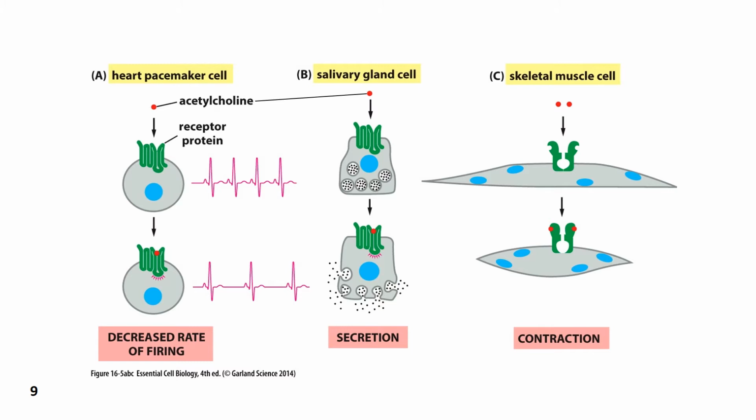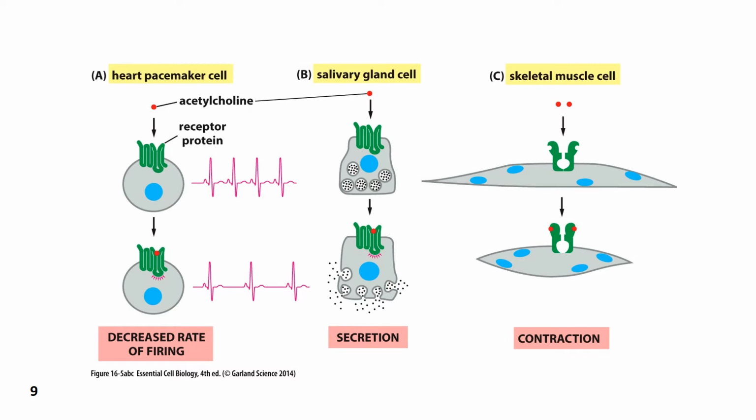Here we have 3 different cell types shown. A cardiac pacemaker cell that will depolarize at a decreased rate in response to acetylcholine, a salivary gland cell that will release vesicular contents upon acetylcholine signaling, or a skeletal muscle cell that will contract in response to acetylcholine.